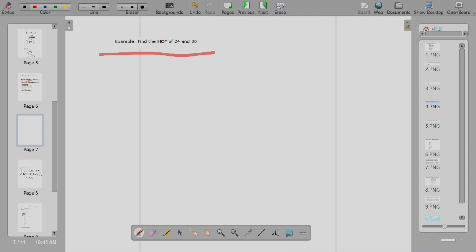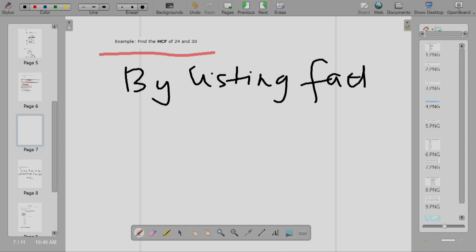So now let's do this example by the method of listing factors.